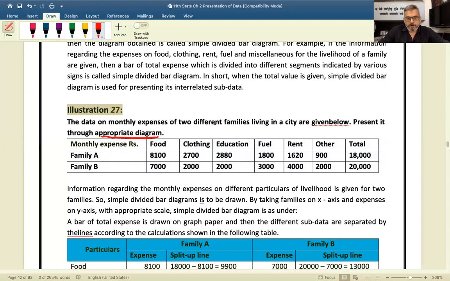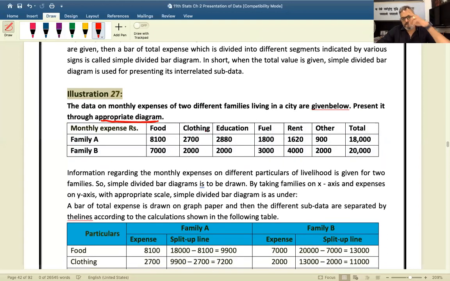Now, what we will do over here: information is given for two different families. You can see family A's expense is 18,000, family B's expense is 20,000. We have to represent it using an appropriate diagram.